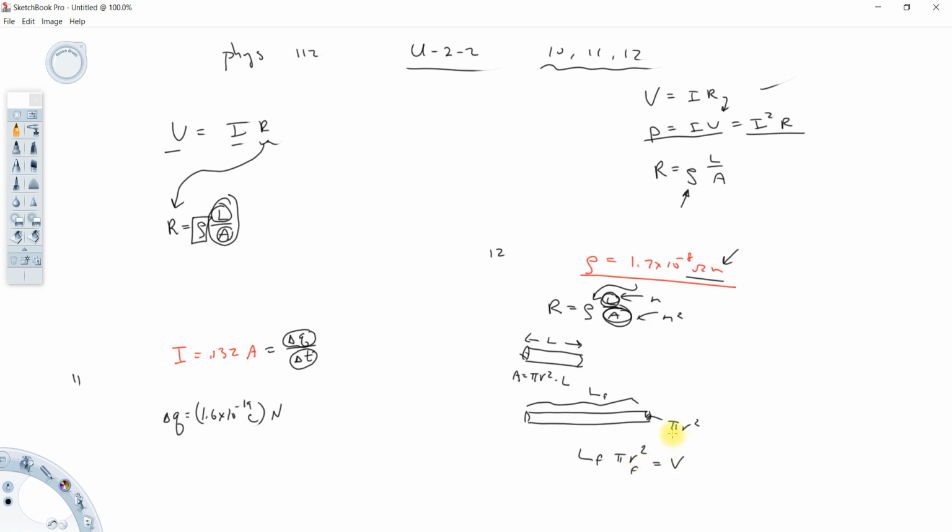So whatever volume we got before, you're going to put that here. They gave you a new length. You're going to solve for the new radius. Then when it says find the new resistance, resistance, again, is resistivity times length over area. Take your new length and your new area. The resistivity is not going to change because it's still the same wire.